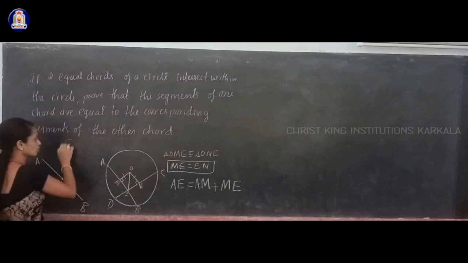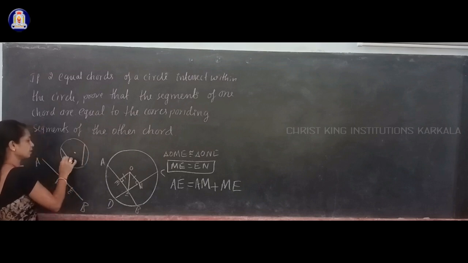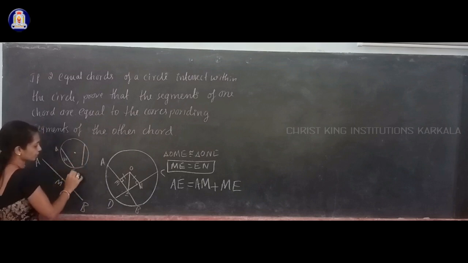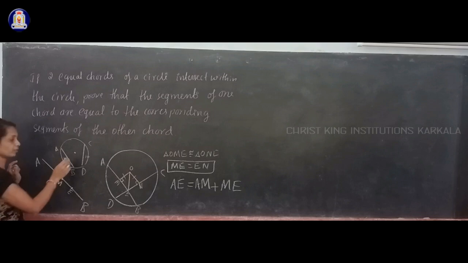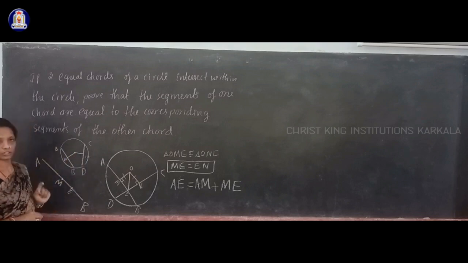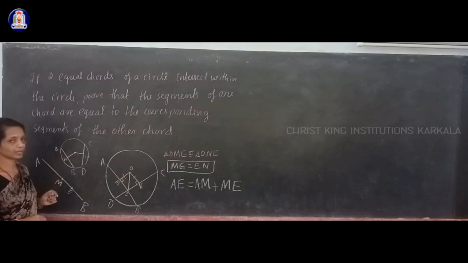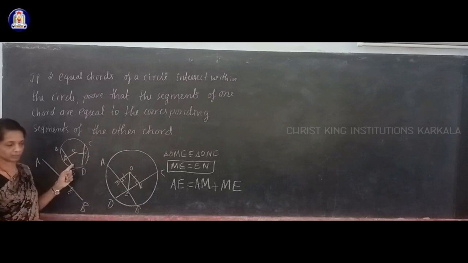You know that in a circle, if you have two equal chords, for example, if AB is 10 centimeters and CD is 10 centimeters, then they are equidistant from the center of the circle. In addition, we have one more theorem: if you draw perpendiculars OM and ON to AB and CD respectively, then they bisect the chord.